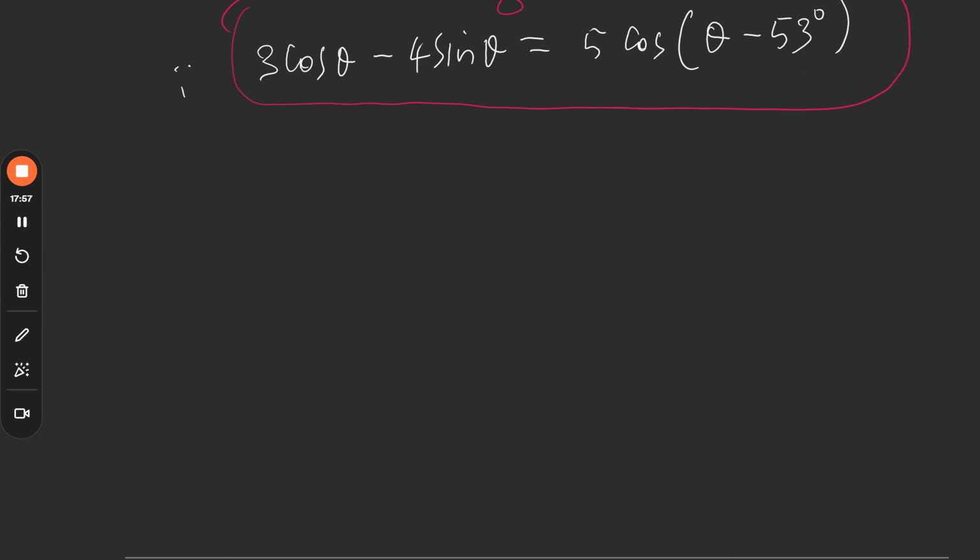The next question, we are going to call this example 3.